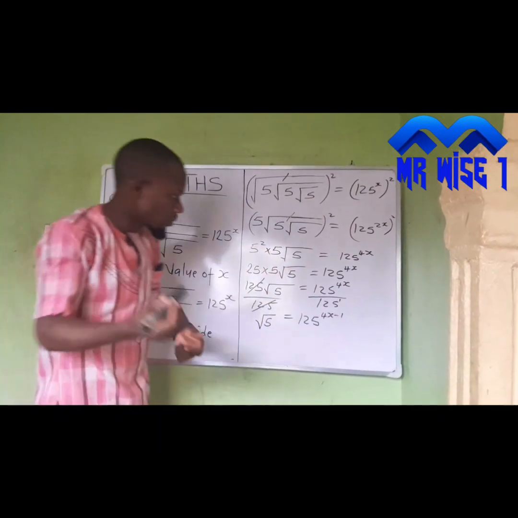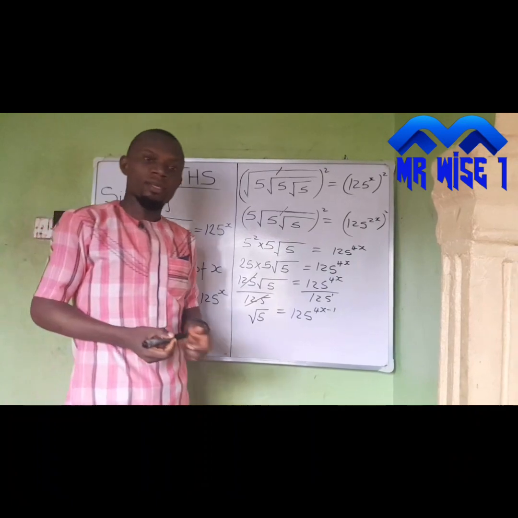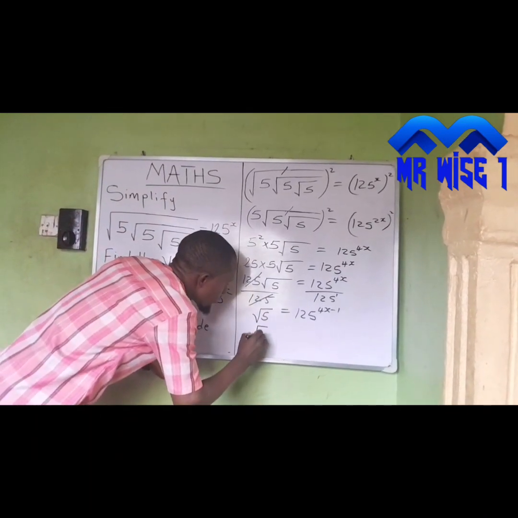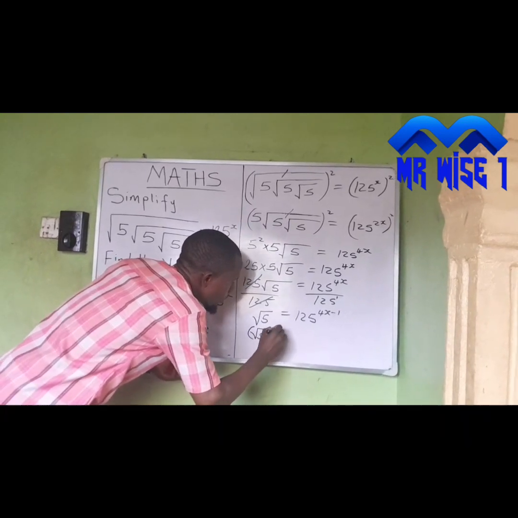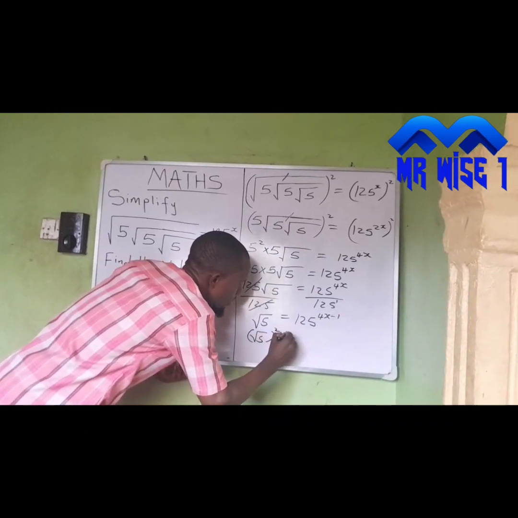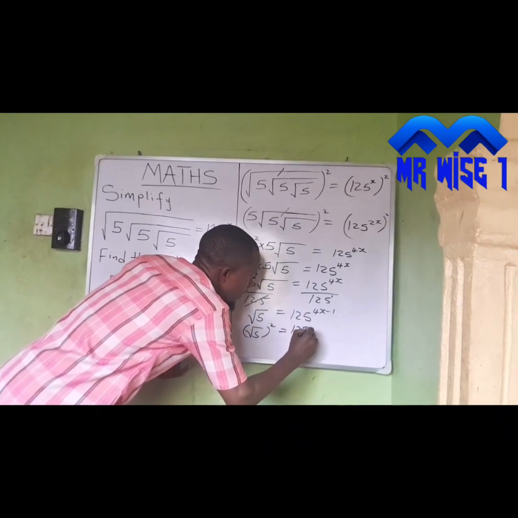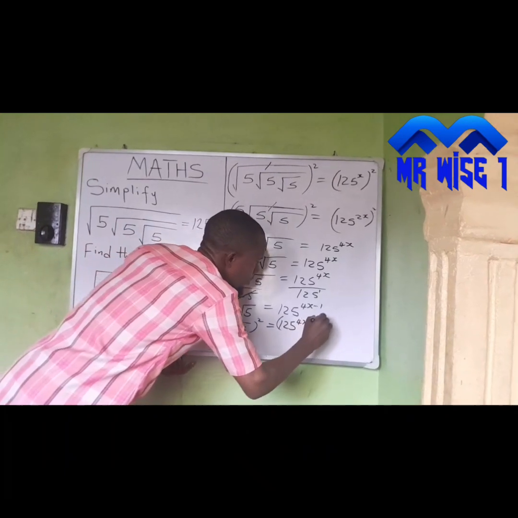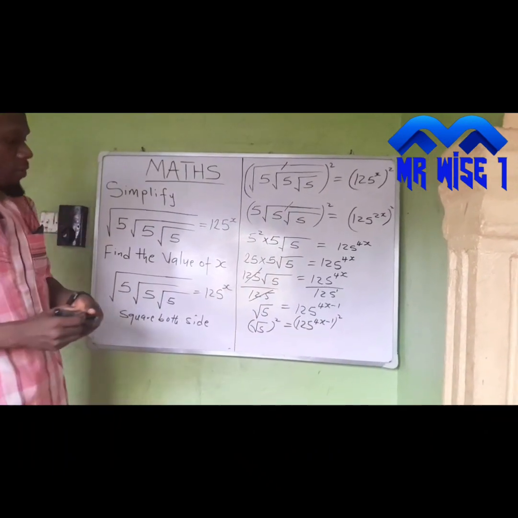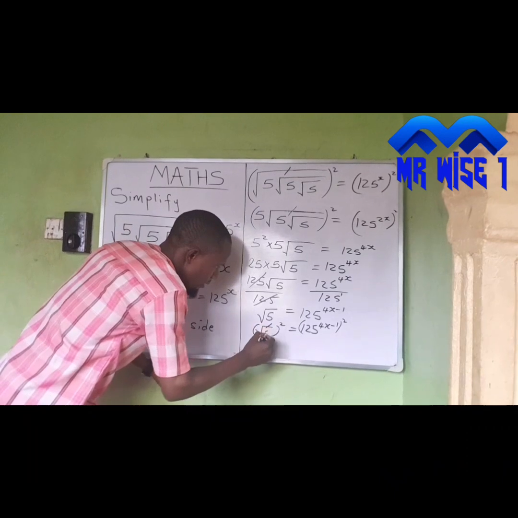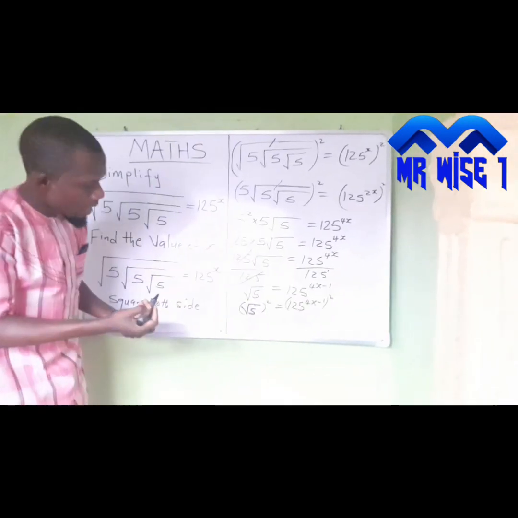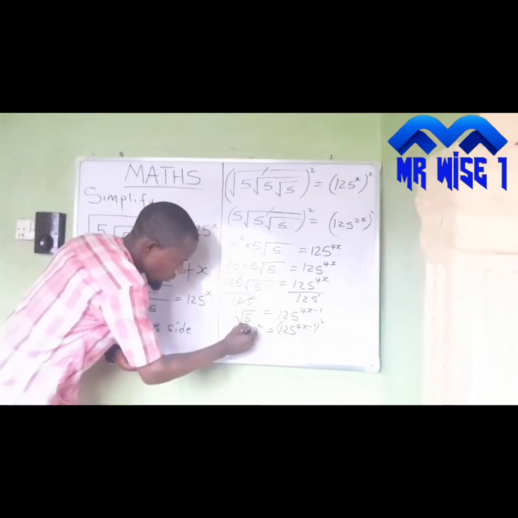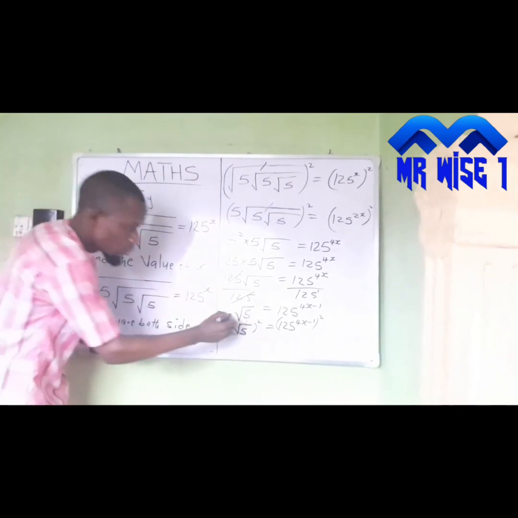Look what I'm going to do now. I'll still have to square both sides to cancel this square root. So when I square both sides, I'll have square root of 5 all squared is equal to 125 to the power of 4x minus 1, all squared. This will cancel the square root.